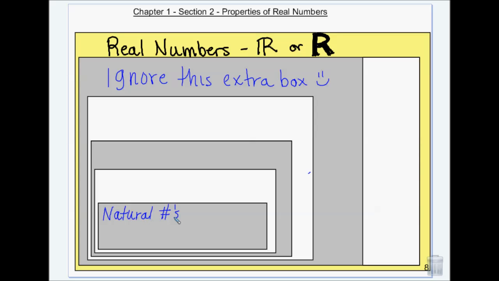There's no negatives. And they're also known as the counting numbers, because it's just the numbers you get when you count. So it's 1, 2, 3, 4, 5, 6, 7, 8, 9, 10, on up through a gazillion and a billion and a Googleplex, and just keep going forever. They go forever and ever and ever, and that's what these dots symbolize.